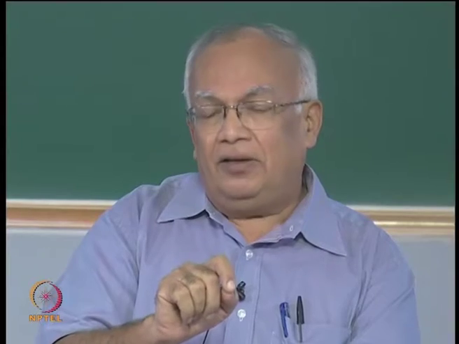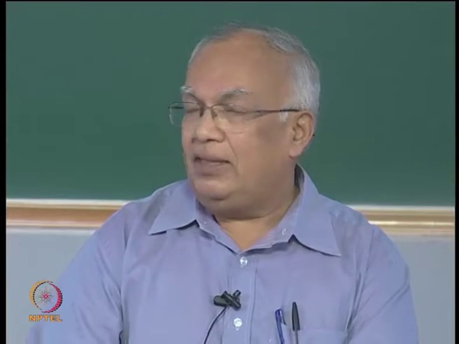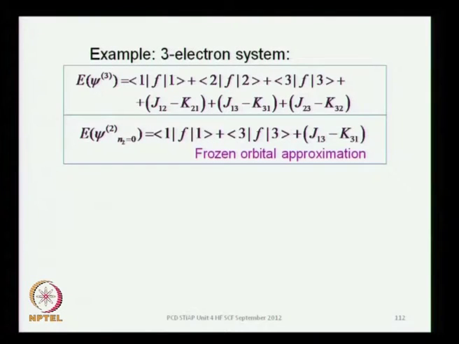And the frozen orbital approximation tells us that we are going to pretend in this approximation that these other orbitals do not flex, they will remain as they were when you considered the 3 electron system. Okay. That is the essence of the frozen orbital approximation. So, then the same integrals 1f1, 2f2, this wave function for the state 2 is not going to change, and then you are left with these 3 terms, because n2 is equal to 0.